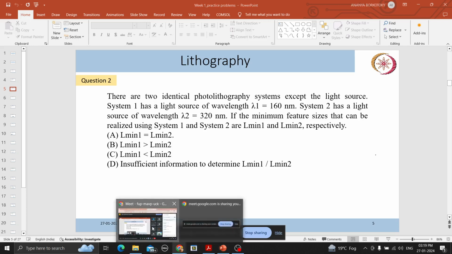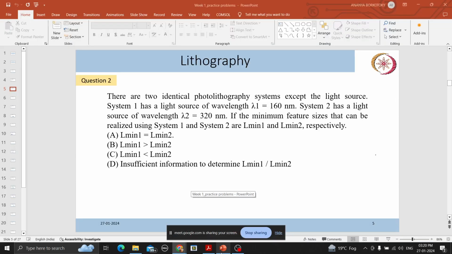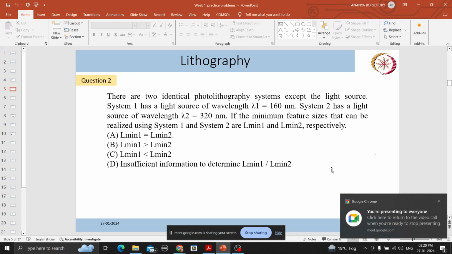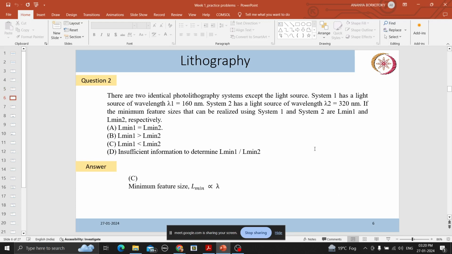Is there any answer here? Okay, so the answer is C. Minimum feature size for the first system is less than the second system.